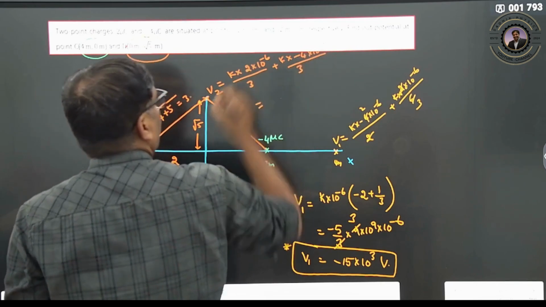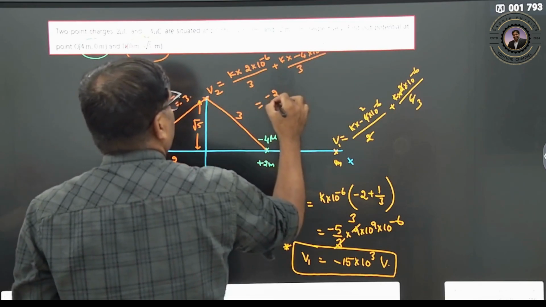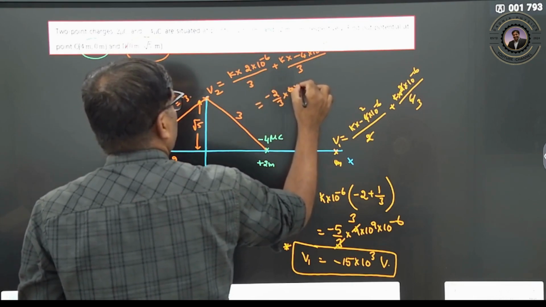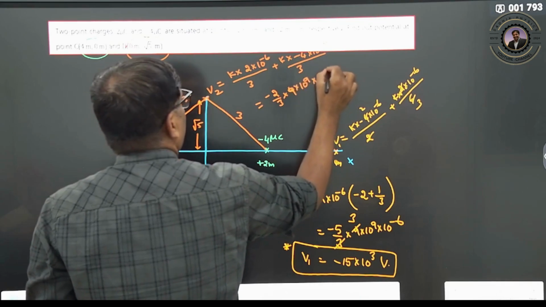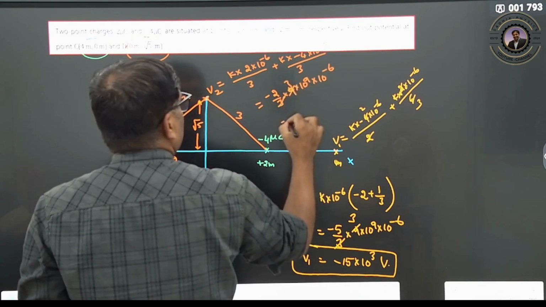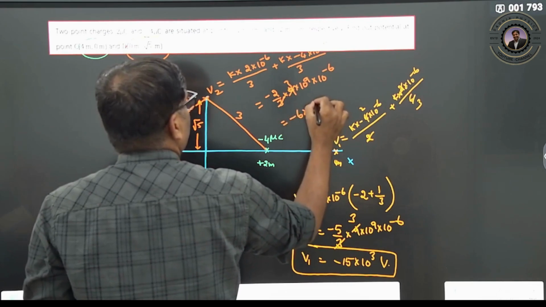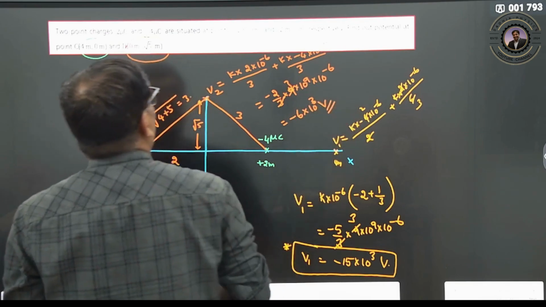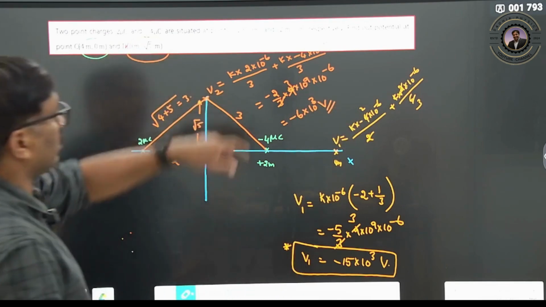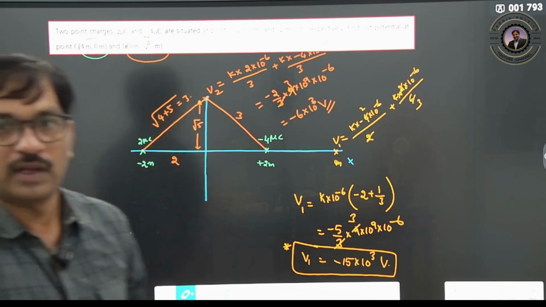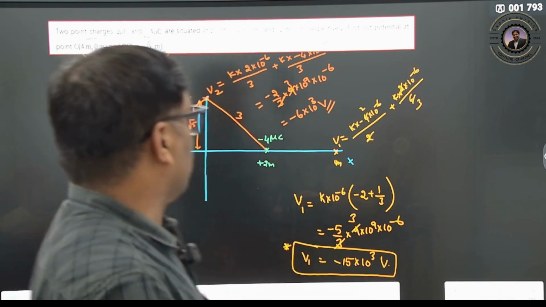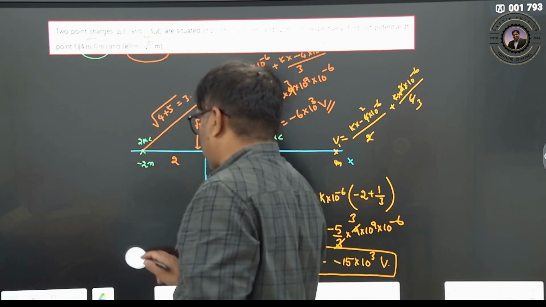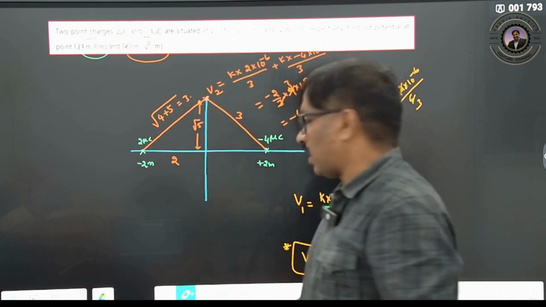That is minus 2 by 3, times k, which is 9 into 10 to the power of 9, into 10 to the power of minus 6, giving minus 6 into 10 to the power of 3 volts. Clear? Just understand the question so that you can solve the problems very easily.